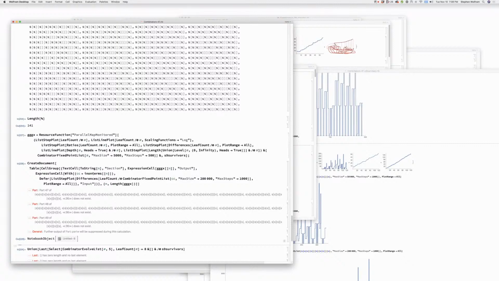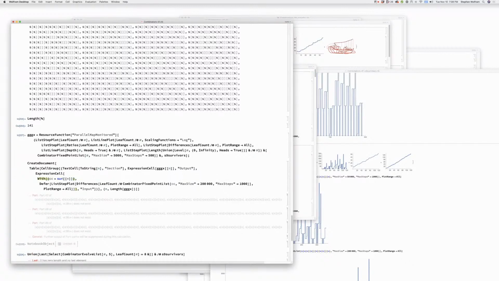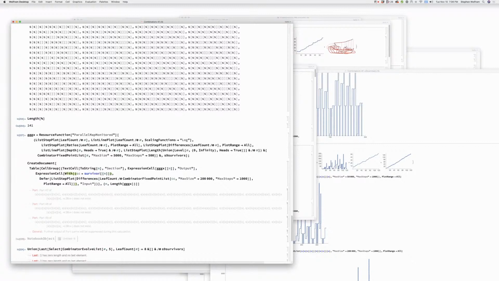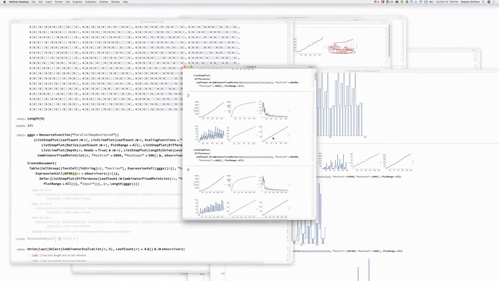Oh, this is the problem. Oh, right. In fact, S9 survivors? Yeah, in fact, all the data was correct. Drat. Well, all this data was correct.